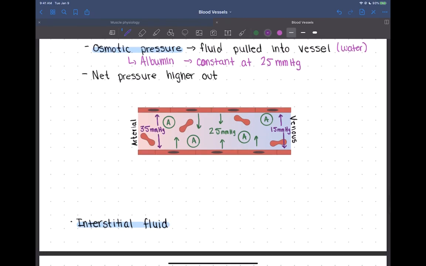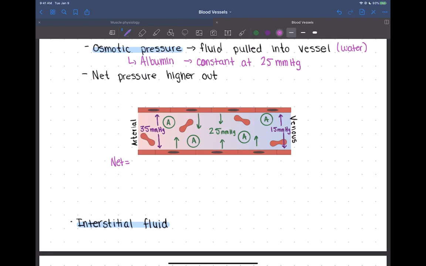Okay, so let's look. And so remember that osmotic pressure is the same throughout the entire vessel. It's just the hydrostatic pressure that's different on the arterial side versus the venous side. Okay, so let's look at our net. So on our arterial side, we have 35 millimeters of mercury pushing out.